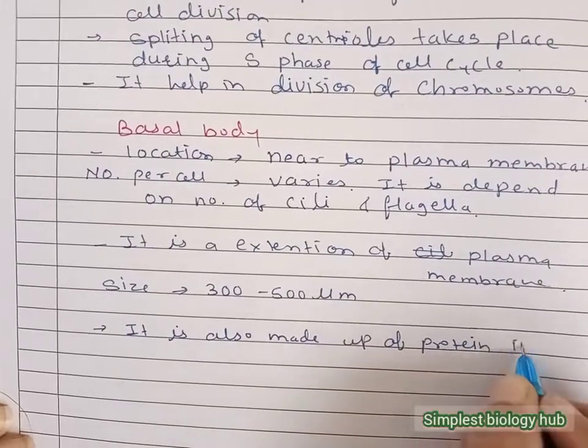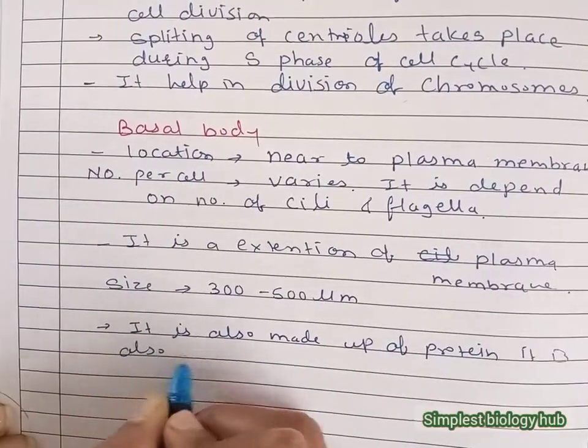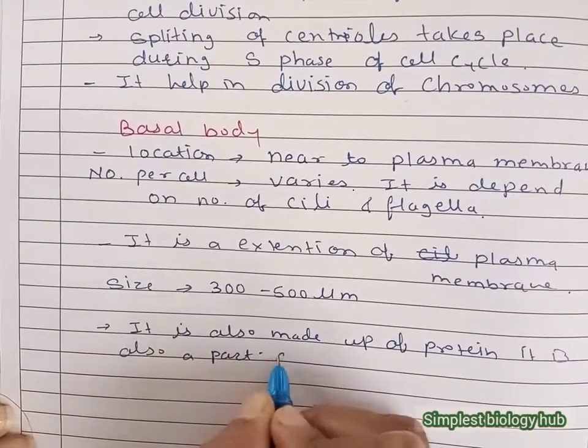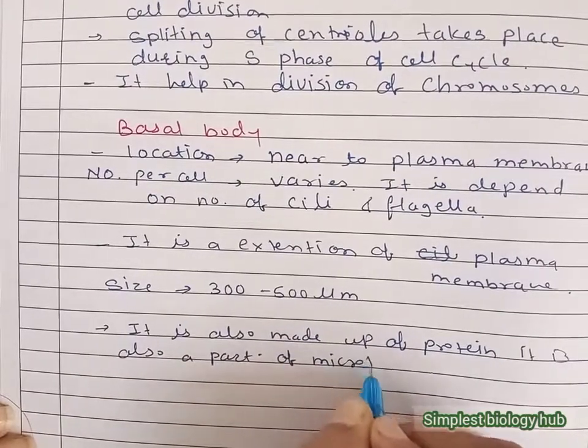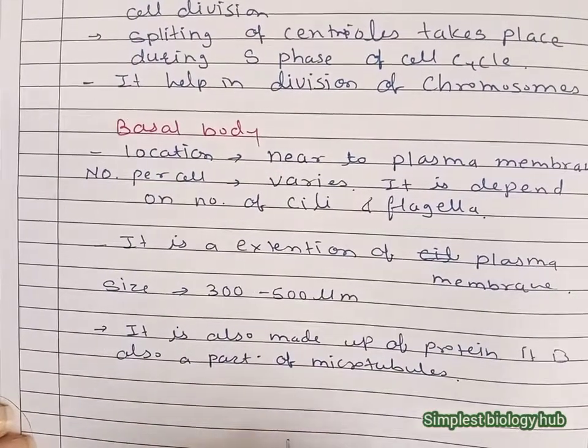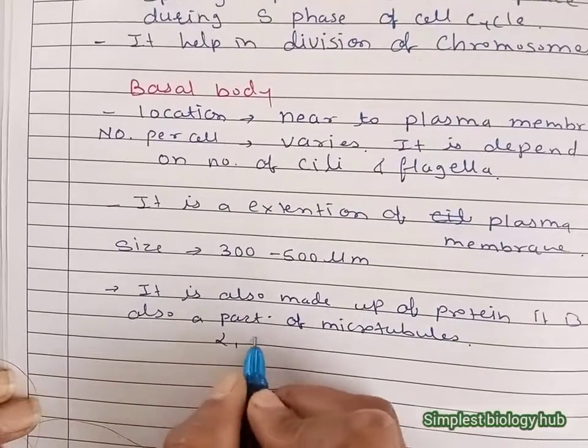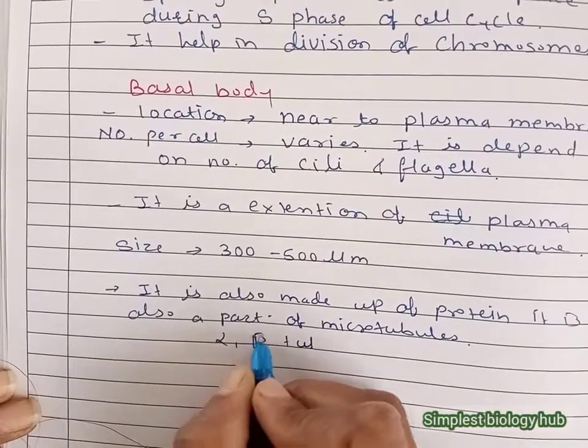As well as it is also a part of microtubules, or we called it is made up of microtubules, alpha and beta type of tubulin.